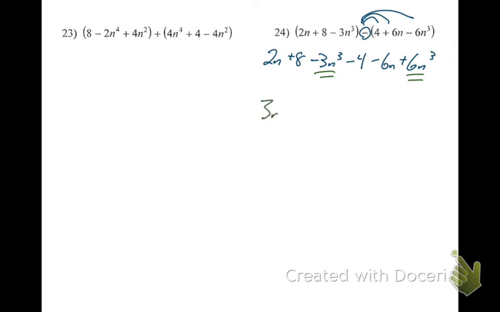They start with the 3n to the third there. Then my n, I don't have an n squared, so I go straight for my n's. So that's going to give me negative 4n. And then these will give me my plus 4. So this makes it a cubic trinomial.